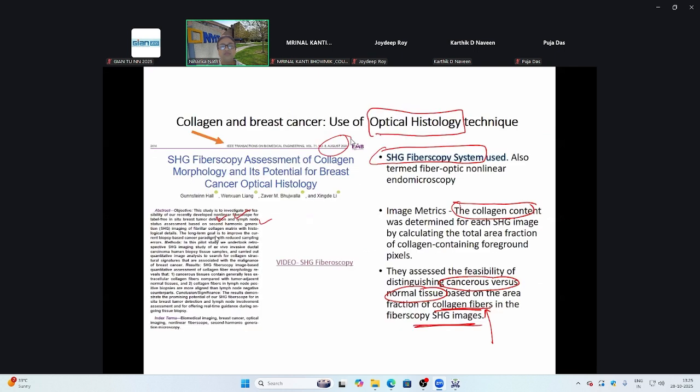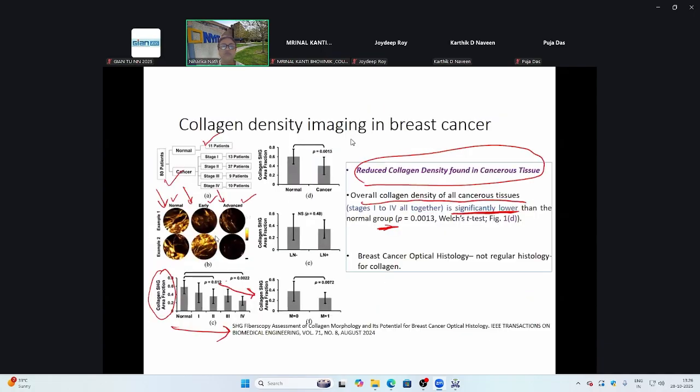So I think the fact is that collagen has been there. We've known about collagen for a while, but it was never a major thing to look at. So the fact that these patients had these samples, they could be used for looking at collagen. So the technology is new.